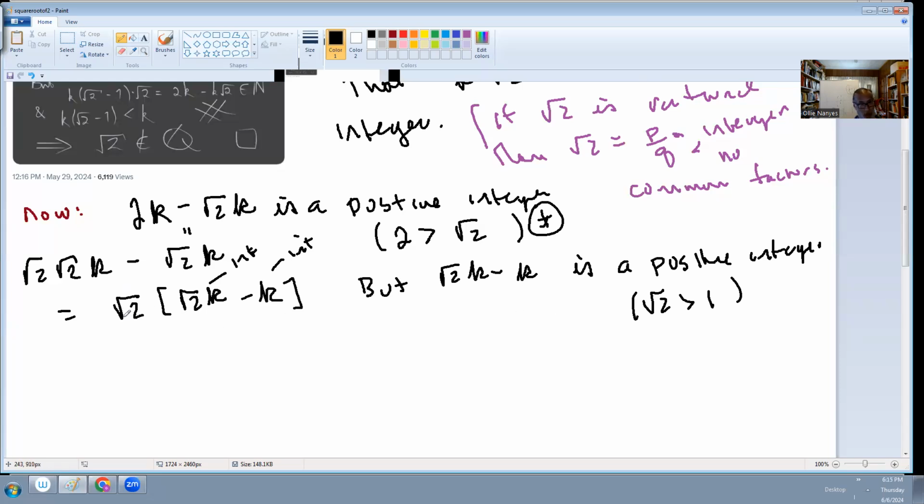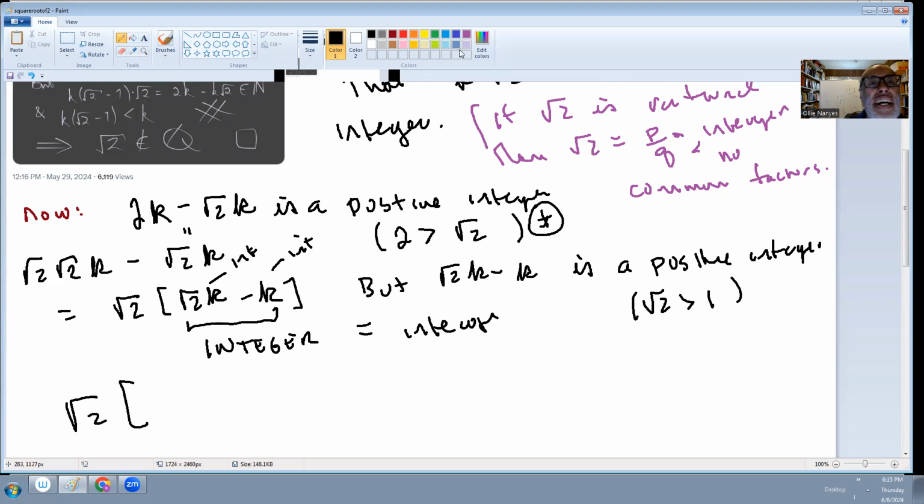So we know that the square root of 2 times this integer is equal to an integer. So now we have the square root of 2 times, I'm going to use a different color here, times k times the quantity square root of 2 minus 1, is an integer.